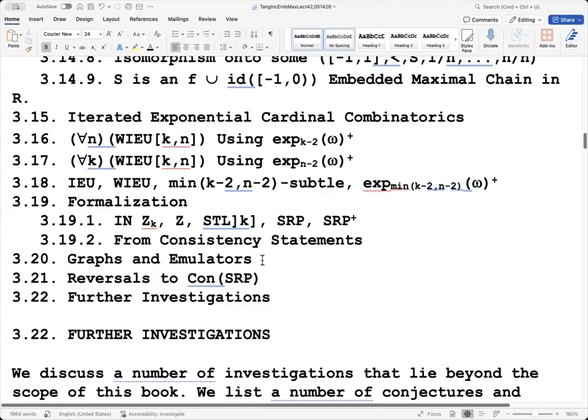In other words, emulator usability is actually the same as graph usability. And so from these, you get a reversal to con SRP. Now, further investigations is what I want to talk about today.